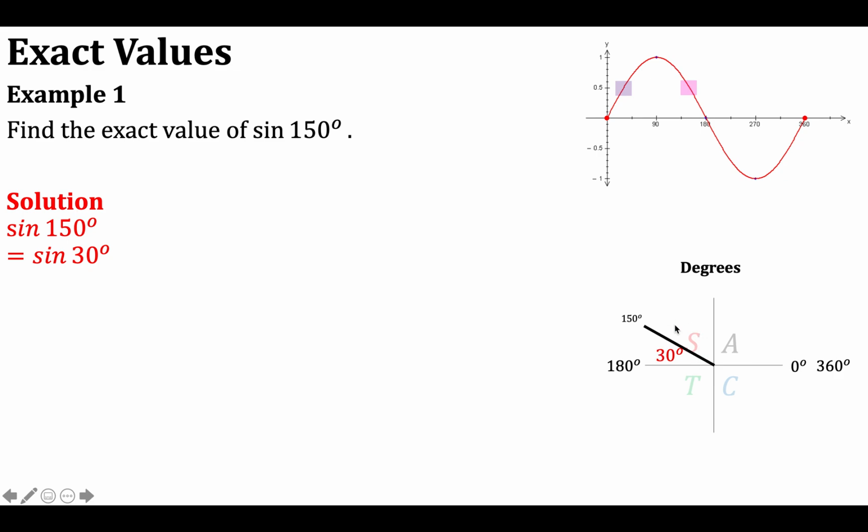In that quadrant, sine is positive, so sine 150 is the same as positive sine 30. That gets me to the same point in my working, and we know from before that the exact value of sine 30 is a half. If you pause this video just now and take down this example, that would be good.